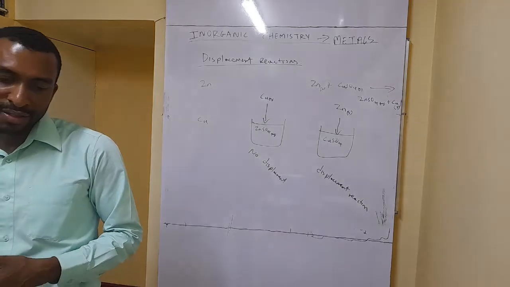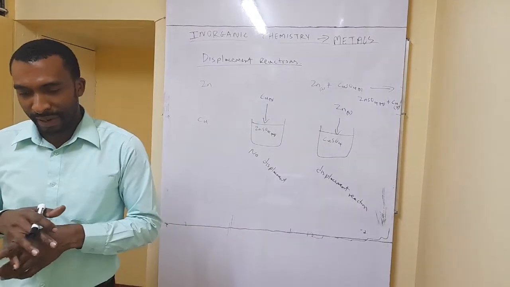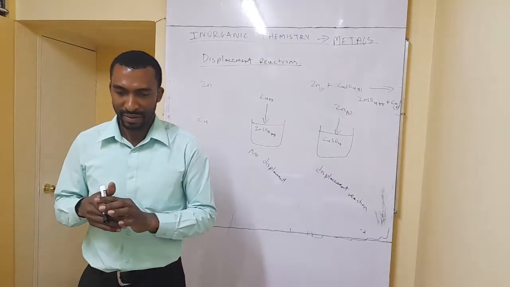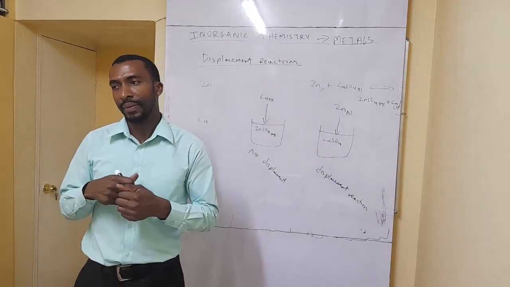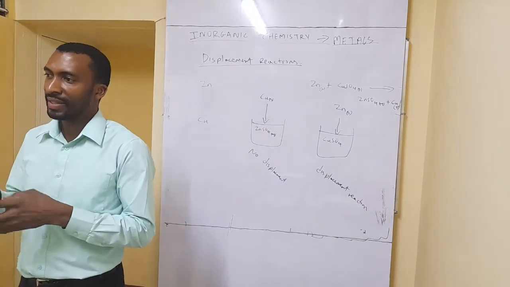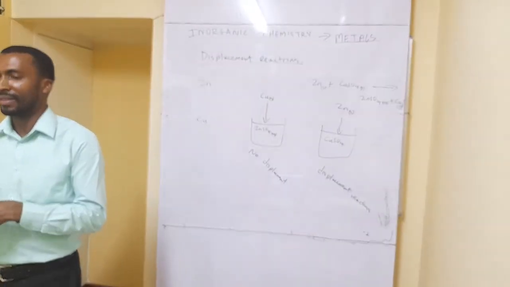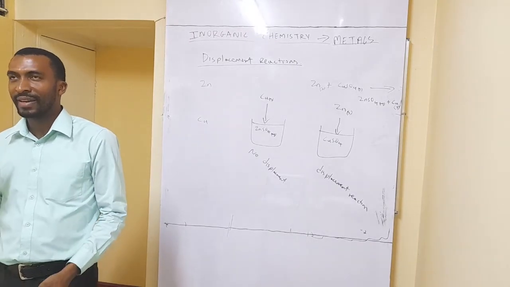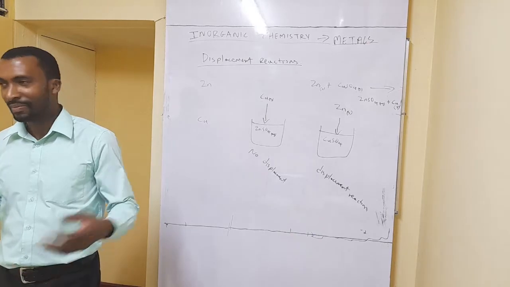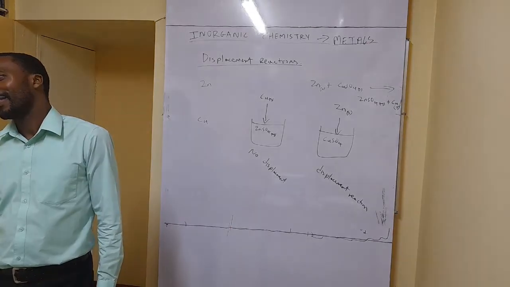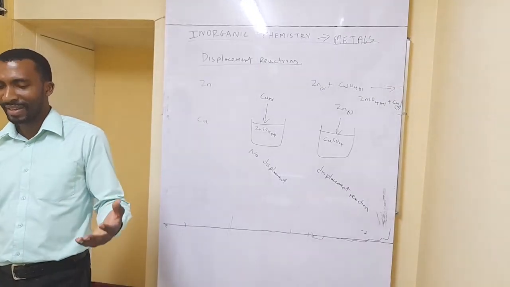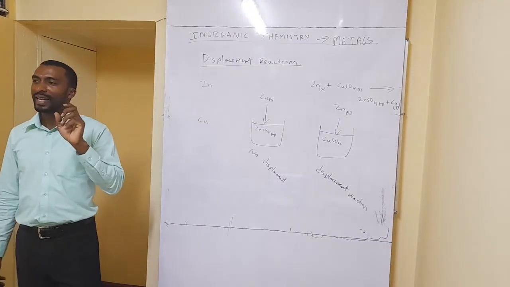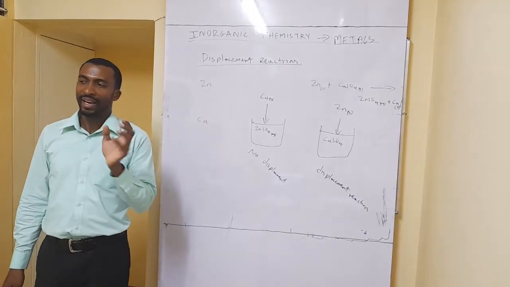Alright, so next I'm going to discuss the general principles of extraction of metals from their ores. Now, what do we mean by a metal ore? These are normally compounds in which the metals are found in the Earth's crust. We are quite familiar with bauxite in Jamaica, which is what we use to make aluminum.